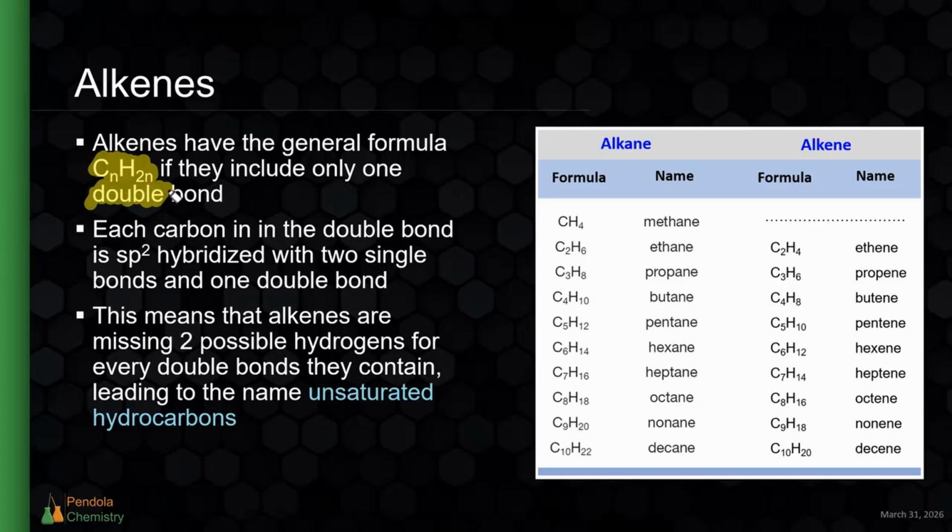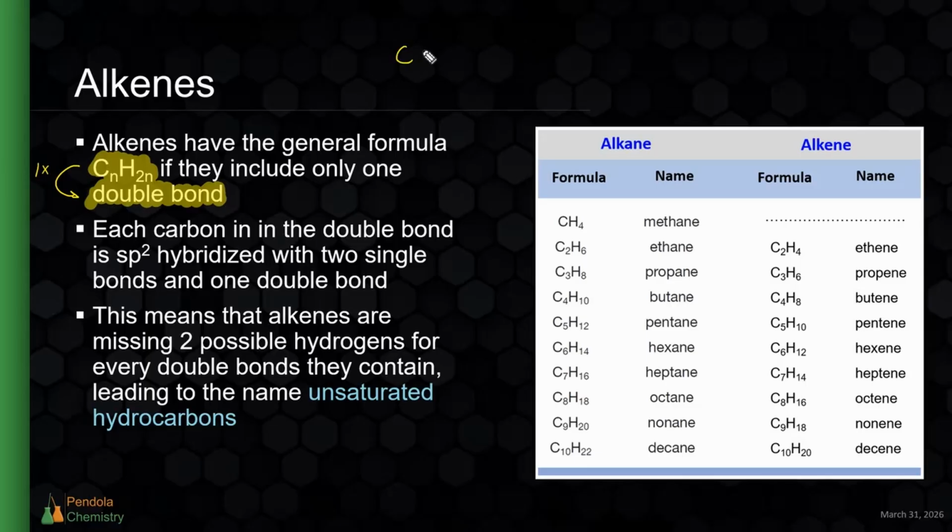Now, in general, alkenes could have multiple double bonds, although most of the alkenes we're going to see, the ones with the CnH2n general formula, are going to be alkenes with just one double bond. So anytime we add a double bond to a compound, we're essentially losing two hydrogens.